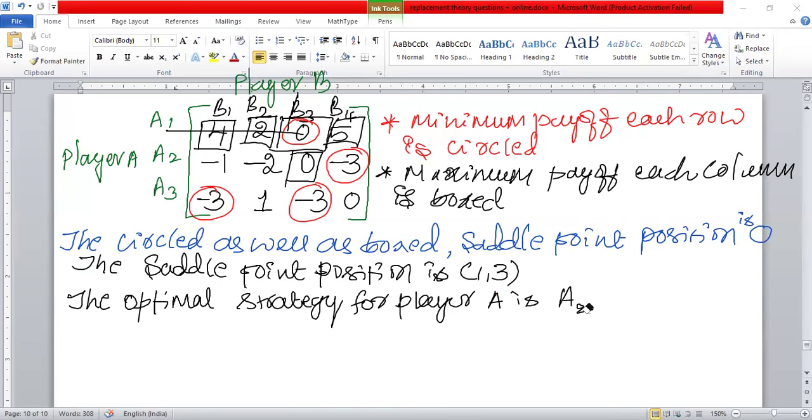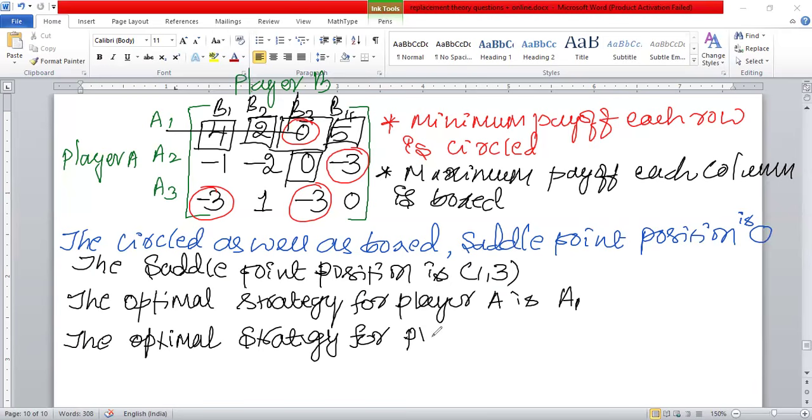Sorry, I said A2, but it is A1. Similarly, the optimal strategy for player B is B3.